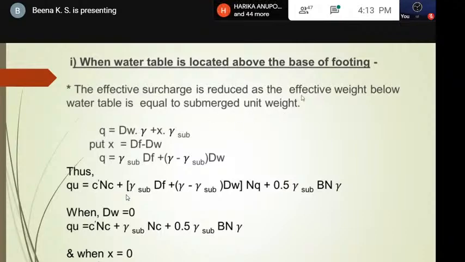The effective surcharge is reduced, that is, the q term is reduced, as the effective weight below the water table is equal to the submerged unit weight.